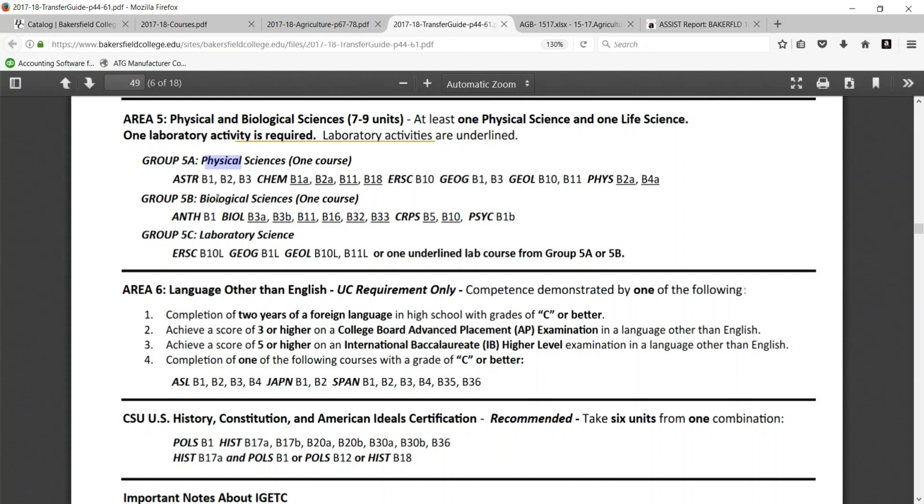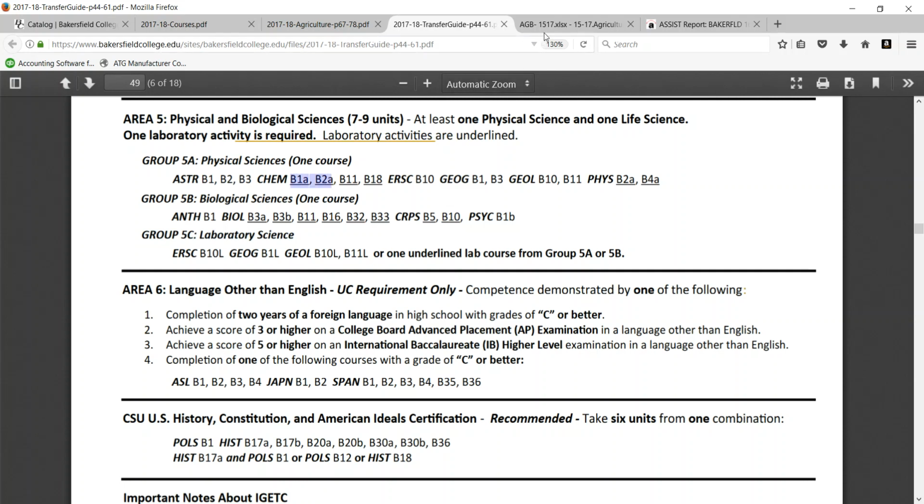So you have to take 1 from this area, 1 from this area, and 1 requires a lab activity. So everything that's underlined is a lab component. If you don't take 1 that doesn't have a lab, then you have to go through this laboratory sciences, group 5C. So again, paying attention to your transfer curriculum. Here is chemistry.